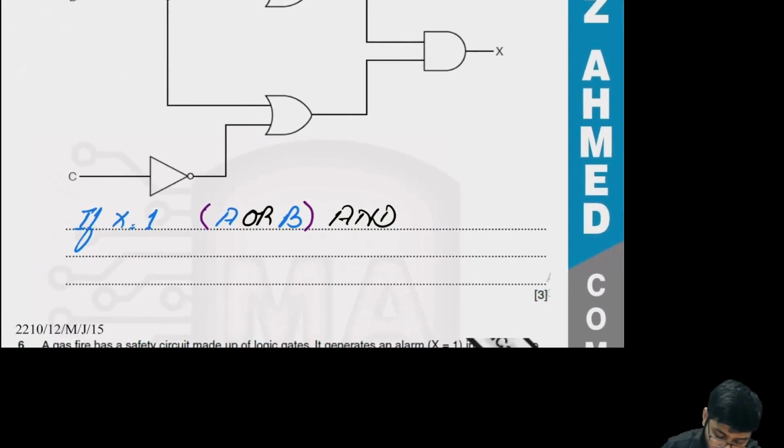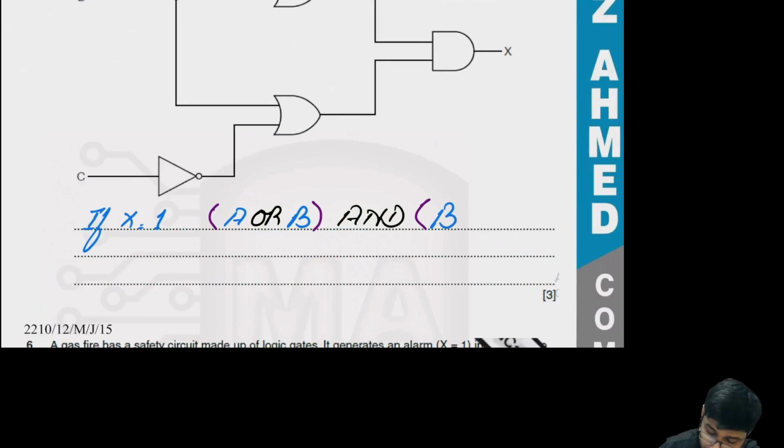So we are going to write it down in this particular manner. B OR, and then we have C, but it's a NOT gate, so we'll be writing C not 1.